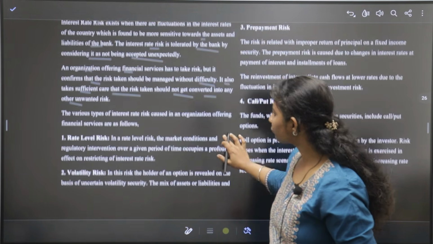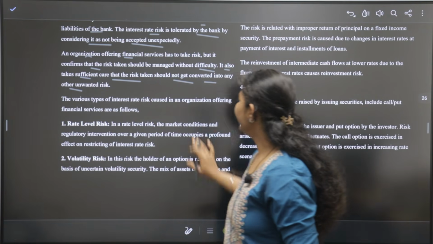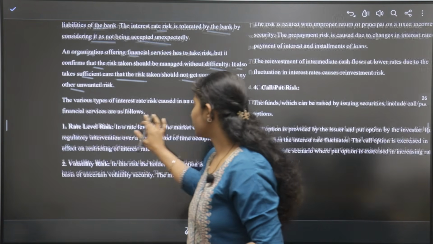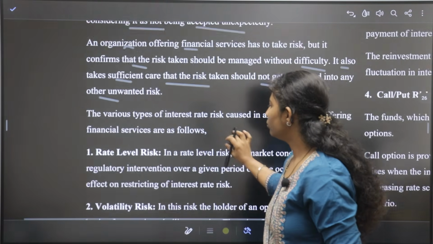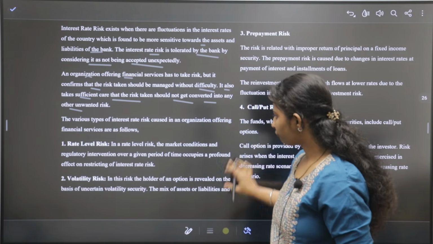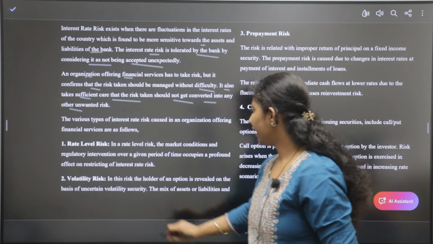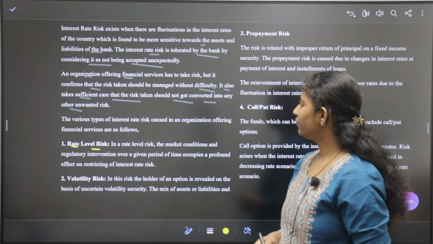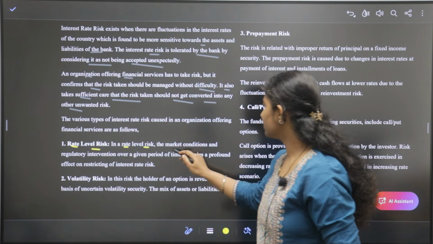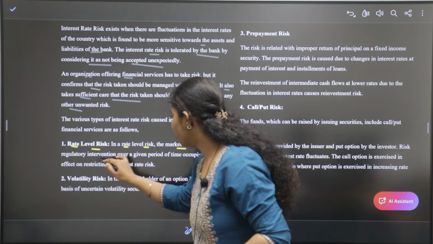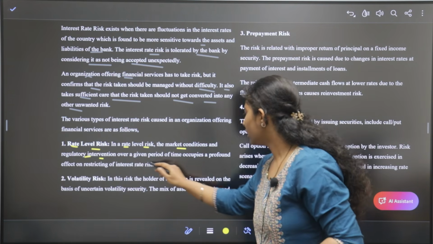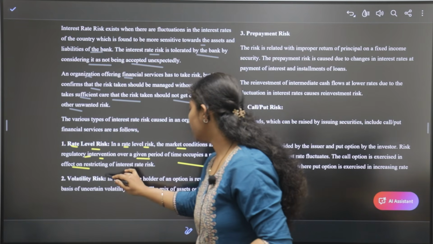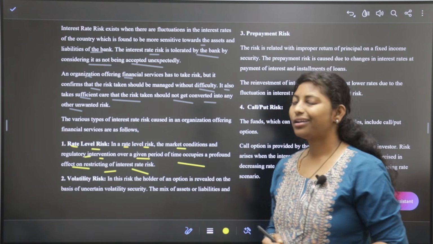Next we have the various types of interest rate risk caused in an organization offering financial services, as follows. The first type is rate level risk. In rate level risk, the market conditions and regulatory interventions over a given period of time have a profound effect on the interest rate risk.